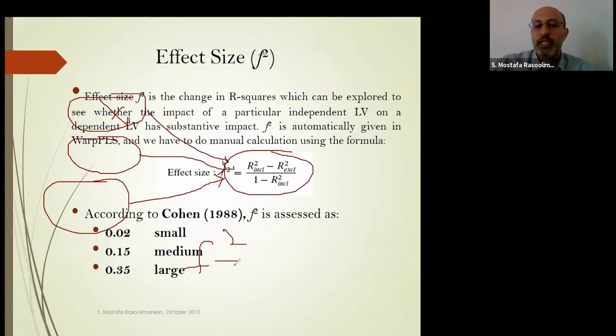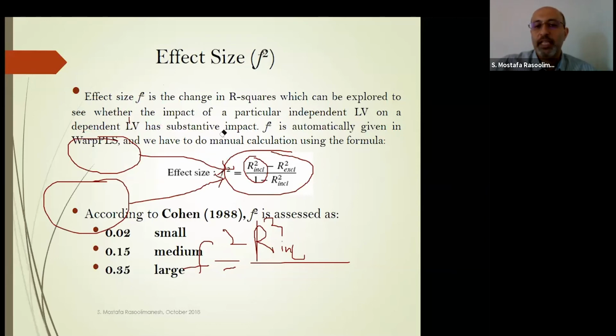So f square is R square included, meaning the value of R square when we include x1, minus R square excluded.